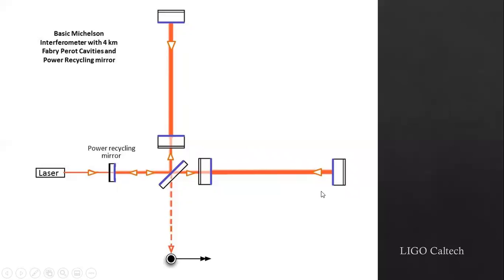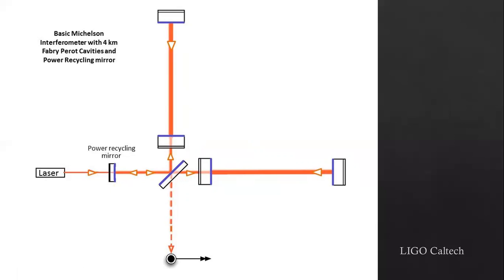Basically, this recycles light. The laser source continuously sends power into the arms, and the power recycling mirror continuously reflects the beams back. This process greatly amplifies the power of the laser beam.